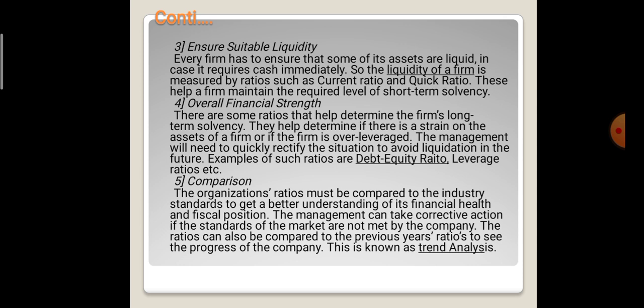This number becomes more meaningful when we compare it with the density of population of other cities. We can then say whether the city has enough space for its residents or if it is congested. So like this, ratio analysis will be helpful.